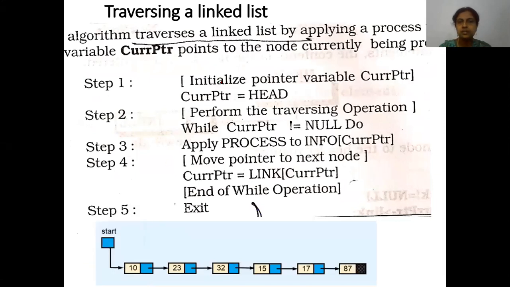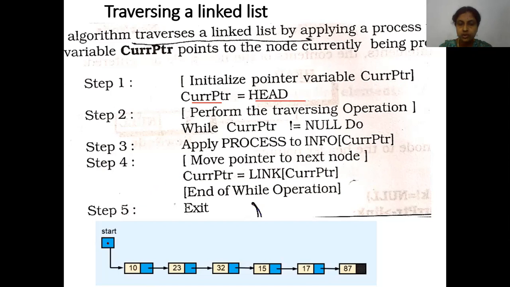The first step is to initialize a pointer variable as the current pointer. So we need to introduce one pointer variable and there we need to store the head value. What value will be in the head? The address of the first location. That value will be stored in the current pointer.